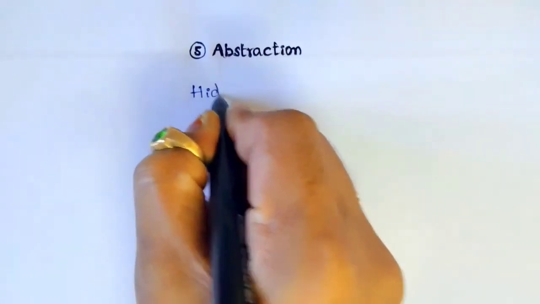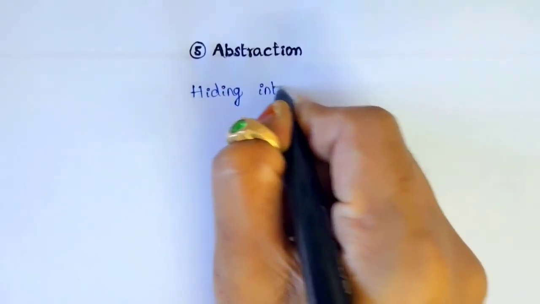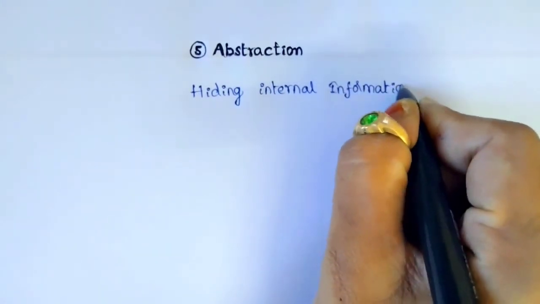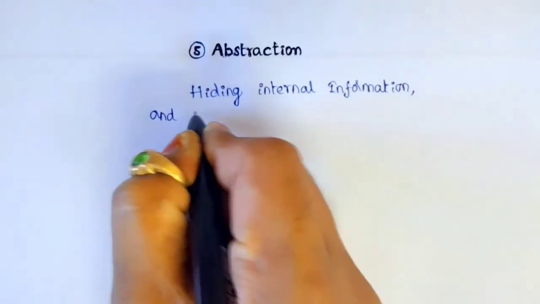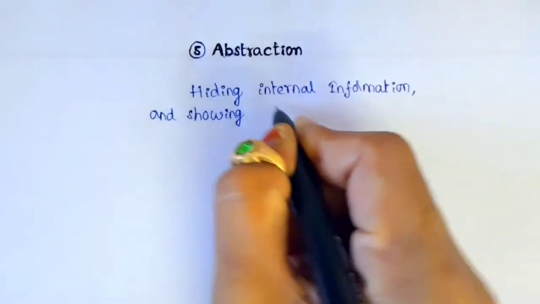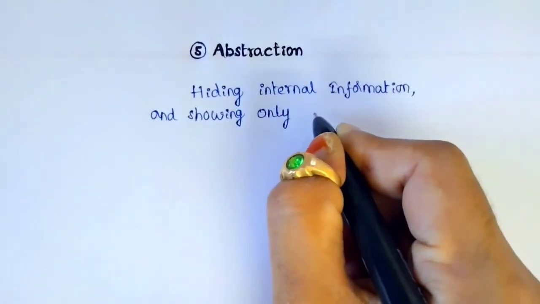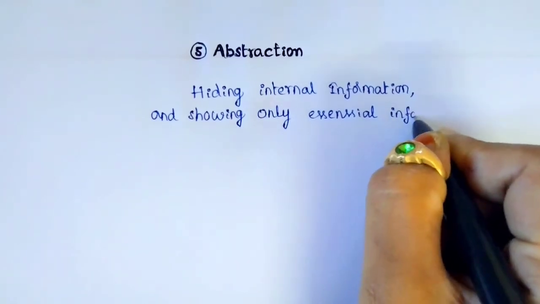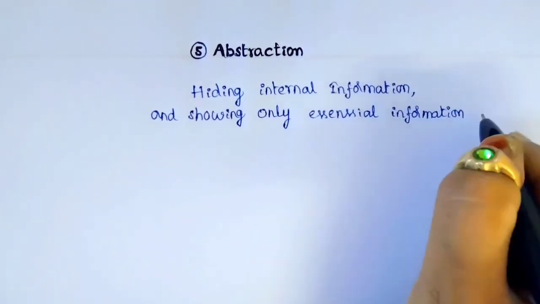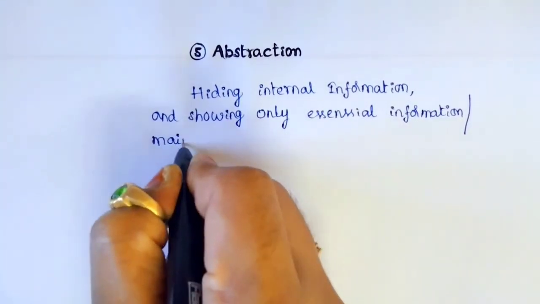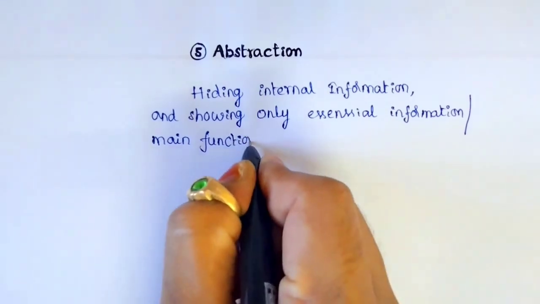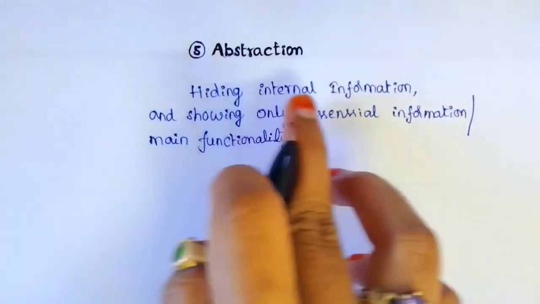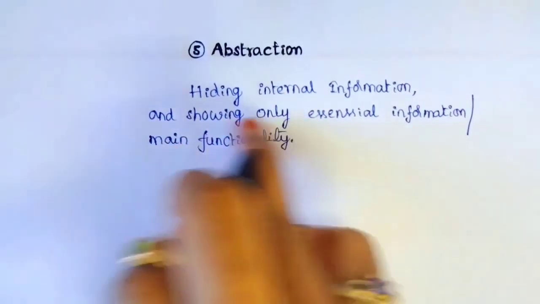Abstraction is hiding internal information and showing only essential information. That is the main functionality.